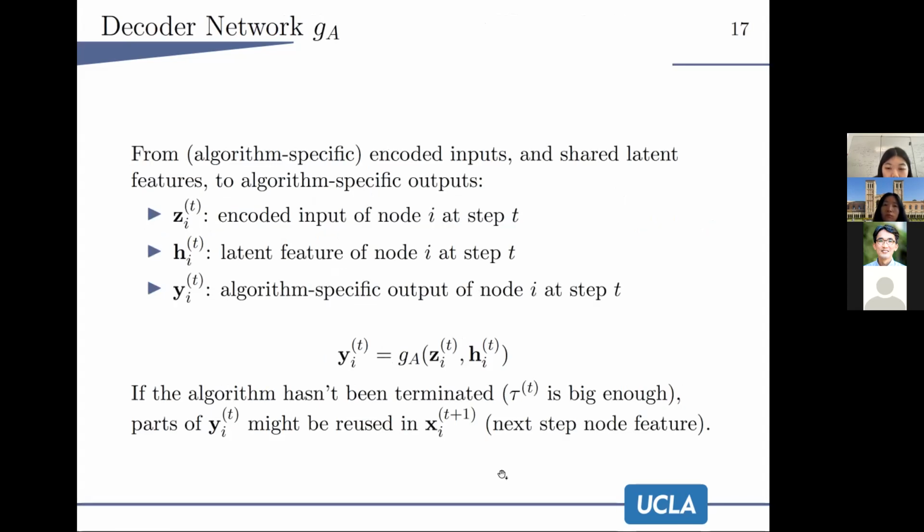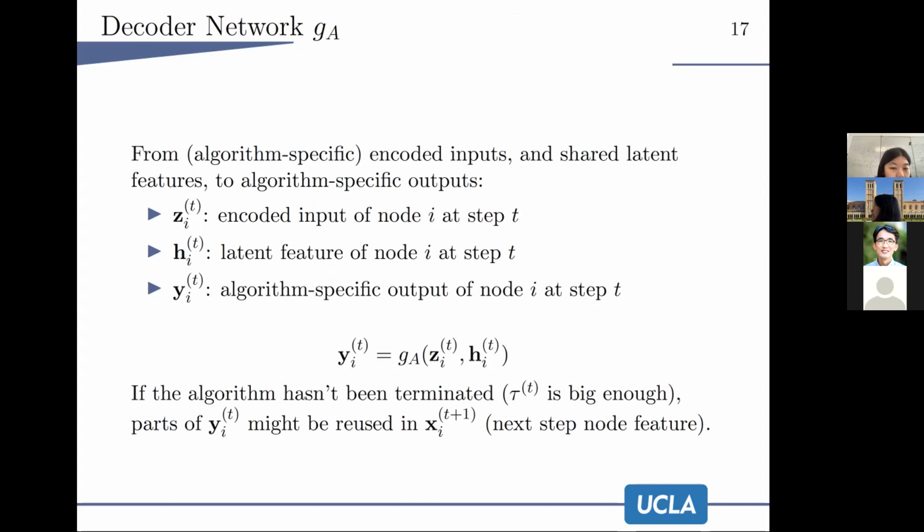So the encoded input will be part of the input of the processor network and part of the input of the decoder network. So if we use multitask learning, then those XiT will also be different for different algorithms. Yeah. So we're going to have different branches starting from initial features, I guess. Yes.